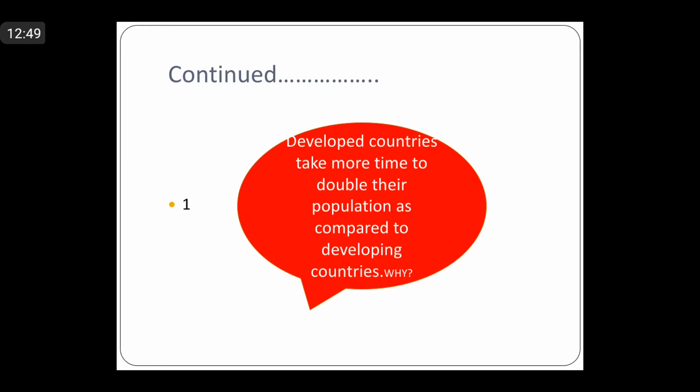Developed countries tend to have a lower birth rate due to lifestyle choices associated with economic affluence, where mortality rates are low, and birth control. In developed countries, the birth rate tends to be lower, due to lifestyle choices associated with economic affluence, where mortality rates are low, and birth control.